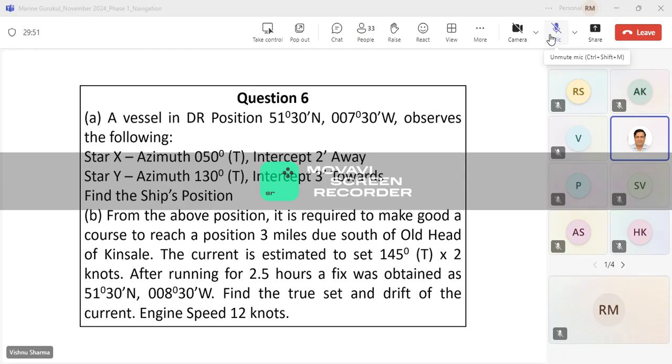Don't worry about the scaling. You can do it in rough only. Of the two PLs, mark DR, mark the azimuth of star X, mark the intercept, get ITP, perpendicular to azimuth will be the PL. Likewise for star Y, get the PL and see how the positions look like.